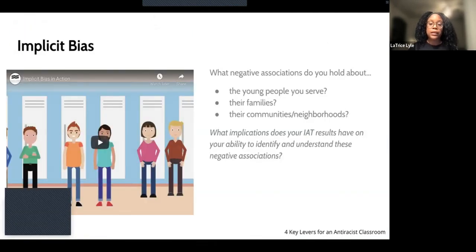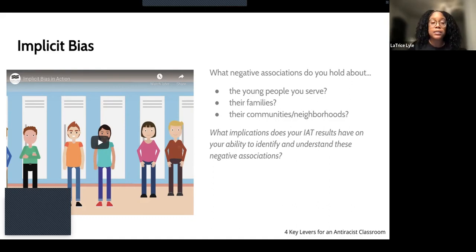All right, we're back and now we're gonna get into implicit bias. A lot of times people get funny feelings around implicit bias because they think that it is inherently a bad thing.